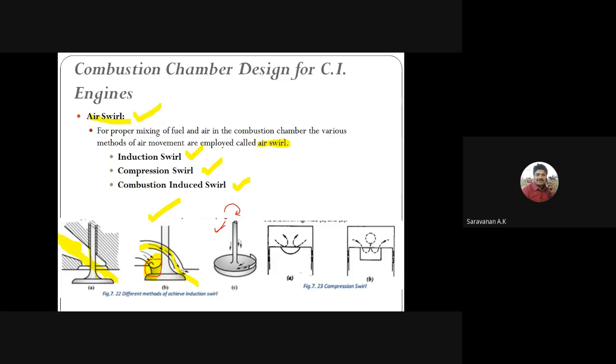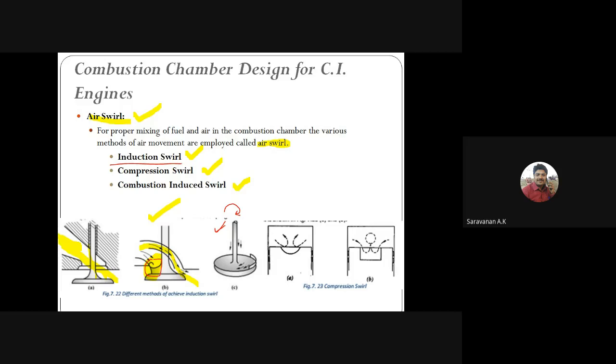By illustrating this method, the air swirl is produced by casting a lip on one side of the inlet valve. The air enters from the top and, due to the lip, the air swirl occurs. This type of air swirl is called induction swirl.